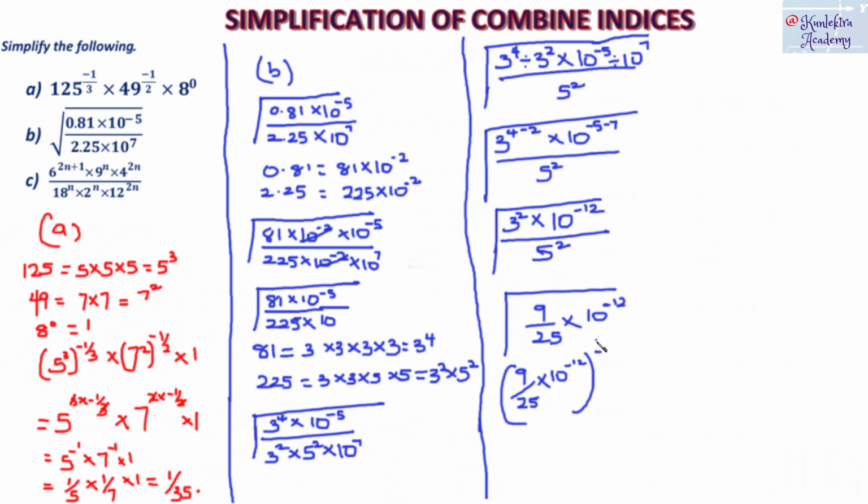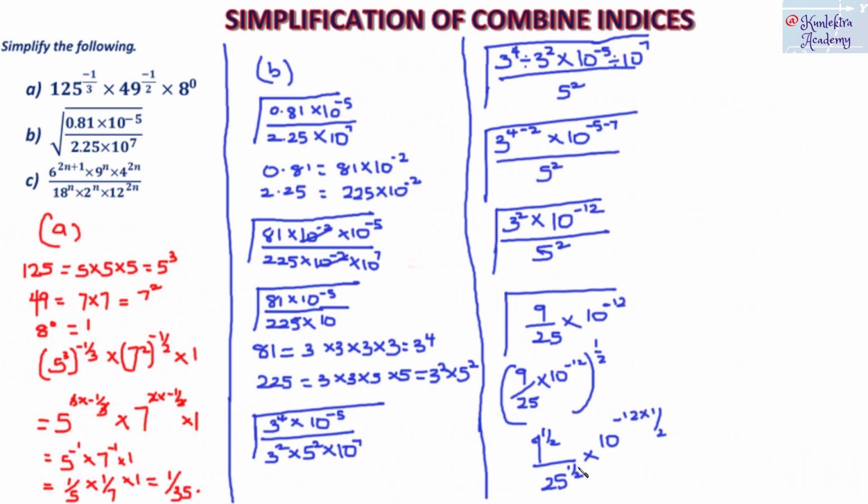That's 1 over 2. And this is square root. Now from here, you can equally find the square root of everything, each entity, and that will give us 9 to the power 1 over 2 over 25 raised to power 1 over 2 times 10 to the power minus 12 times 1 over 2.